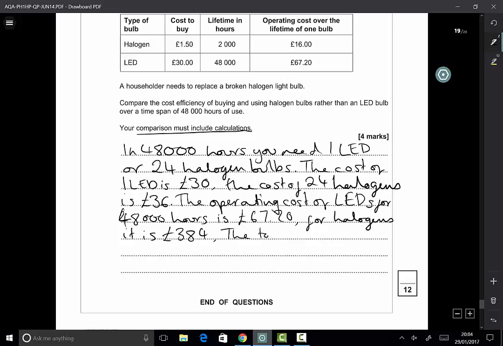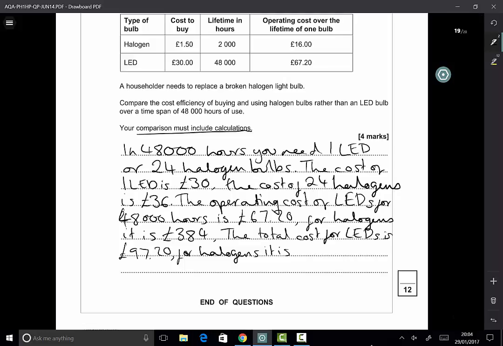The total cost for LEDs is £97.20. For halogens, it is £420.